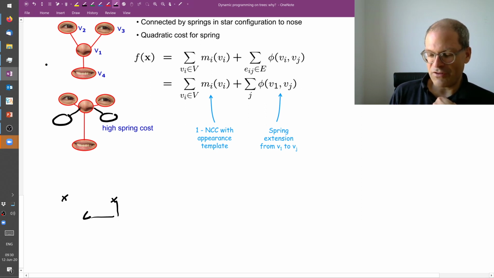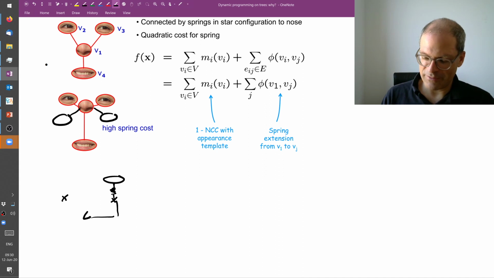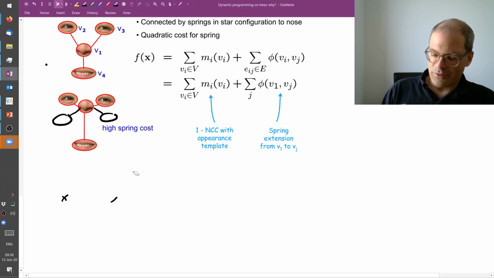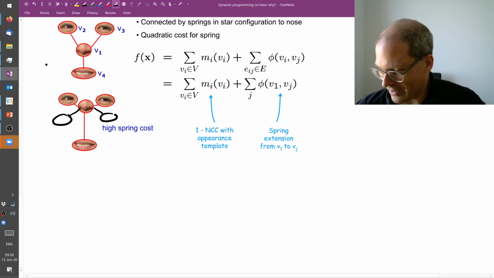And then for deviations from this expected position, we would have, for example, a quadratic potential that penalizes displacements of the eye relative to the expected position. But still, in terms of a graph, this would be a tree, and this is why we talk about it in today's context.